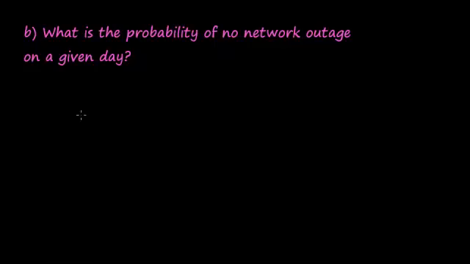Well, no outage would happen if just server number 1 went down, because you'd still have 2 running, or if just server number 2 went down, because you'd have 1 and 3 still running, or if server number 3 went down, you'd still have 1 and 2, or the combinations of 2. 1 and 2 could go down. As long as 3 is still running, you still don't have an outage. If 1 and 3 go down, you still have 2 running, no outage.